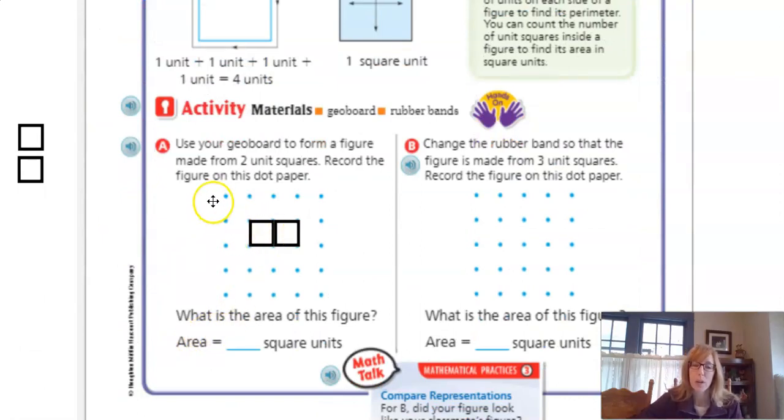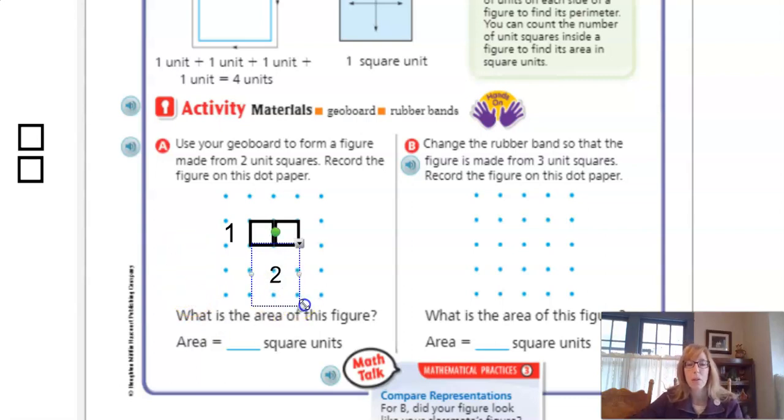Let me put a number right here. On this side, you have 1 square unit. But if we go to this side, you'll notice that you have 2. There's 1, 2. So we are going to write the number 2.